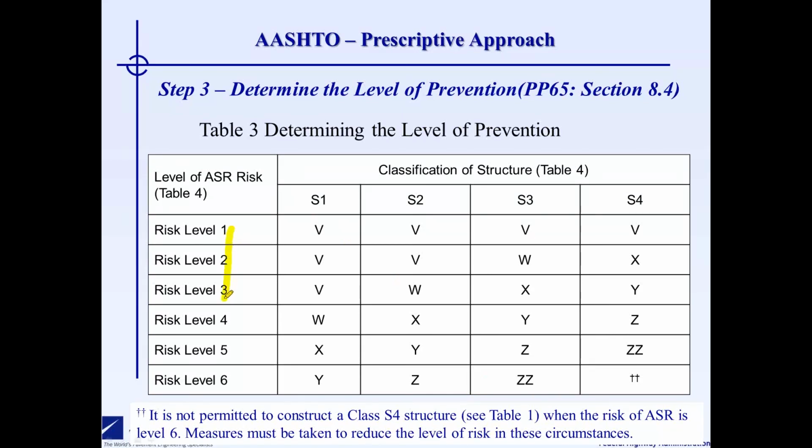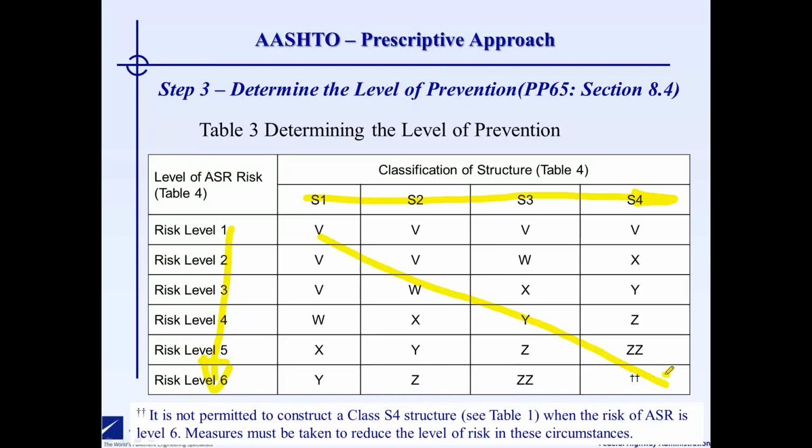So we can see that as the risk of ASR gets more extreme, or as the consequences of ASR get worse, more daunting, we move down in this direction here, and we have to assume higher levels of prevention to actually stop ASR from occurring.